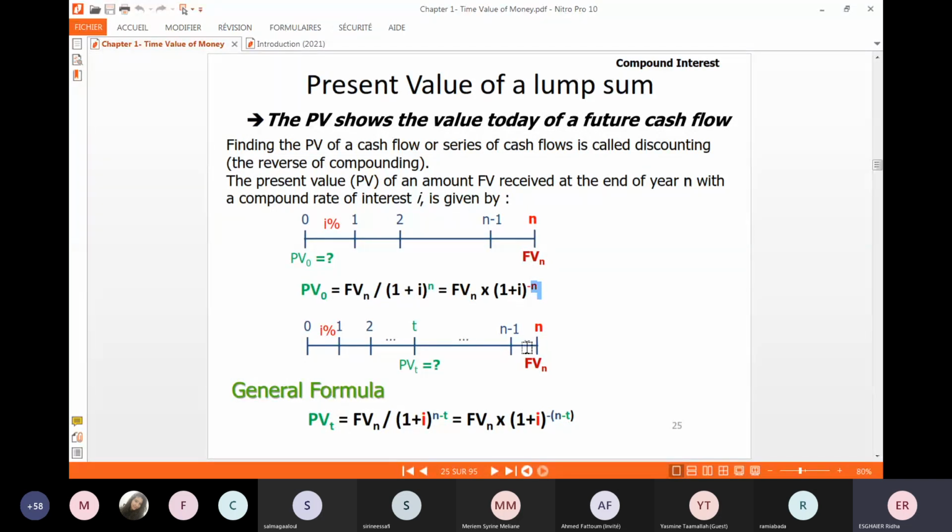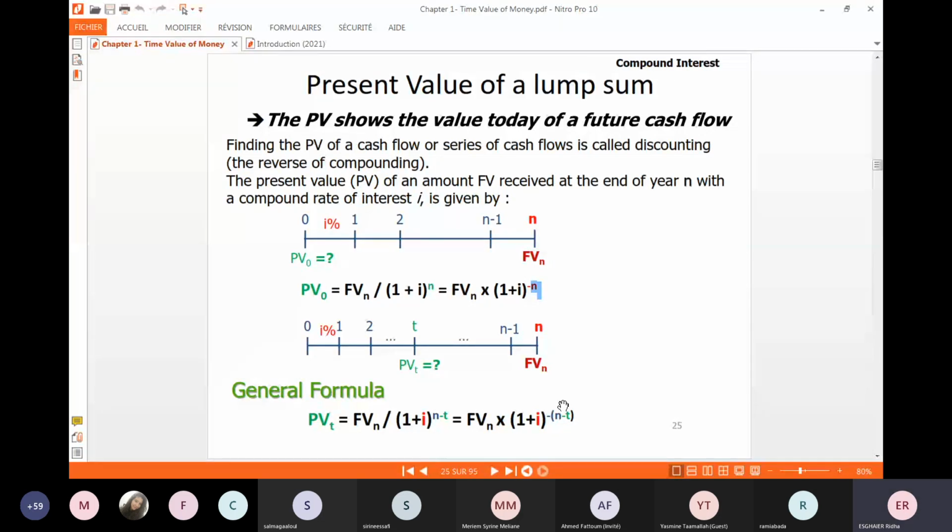So we divide the future value by 1 plus I to the power n minus t, or we multiply the future value by 1 plus I to the power minus, between parentheses, the number of years of discounting or the number of years of compounding.